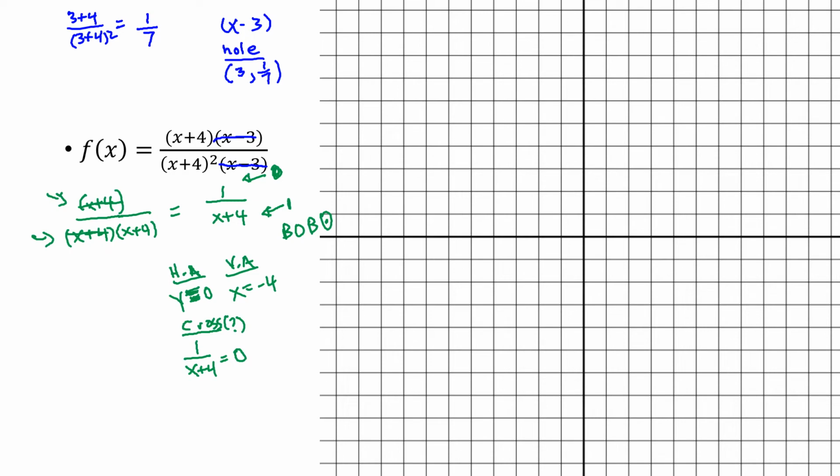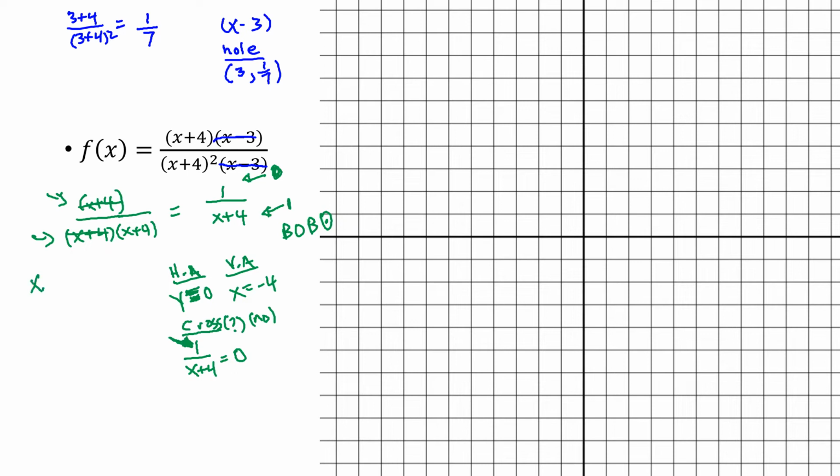Will this ever be true? No, because the numerator here is 1 forever, and there's no way to make this equal to 0. So this fraction will never equal 0. Will it cross? No. So no cross.